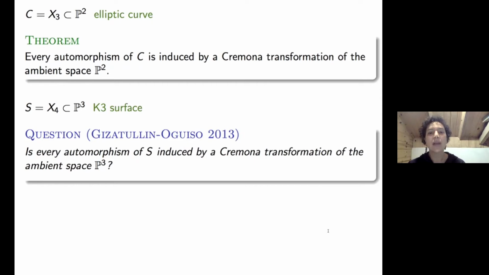He produces examples of a quartic K3 surface with cyclic automorphism group, such that no non-trivial automorphism was induced by a Cremona transformation of P3. But he also produced some examples where the automorphism group of the K3 surface is very complicated, I think, if I remember correctly, a free product of 3 copies of Z2, but for which every automorphism is induced by a Cremona transformation of the ambient space.